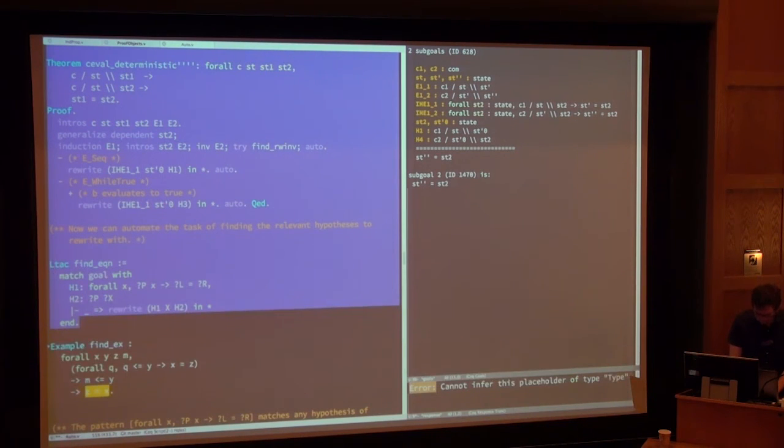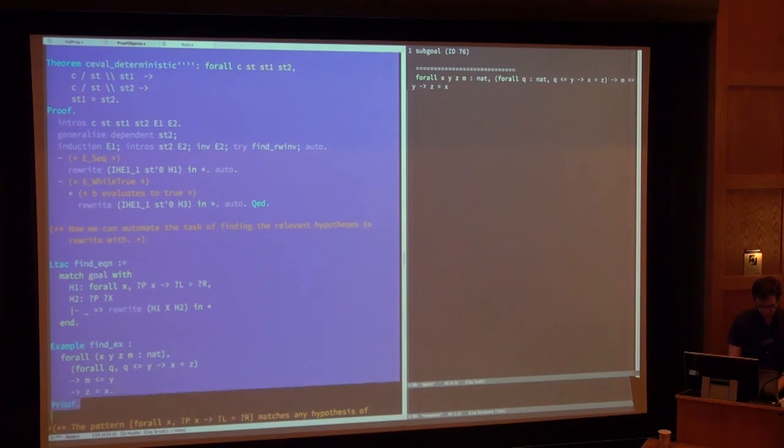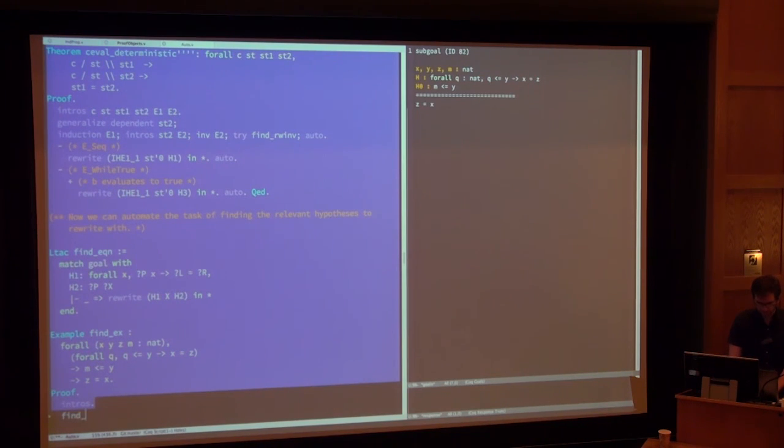Okay, this is type, oh, right. Okay. So now I'm going to have to intros, and if I do a find equation, oh, it didn't work.